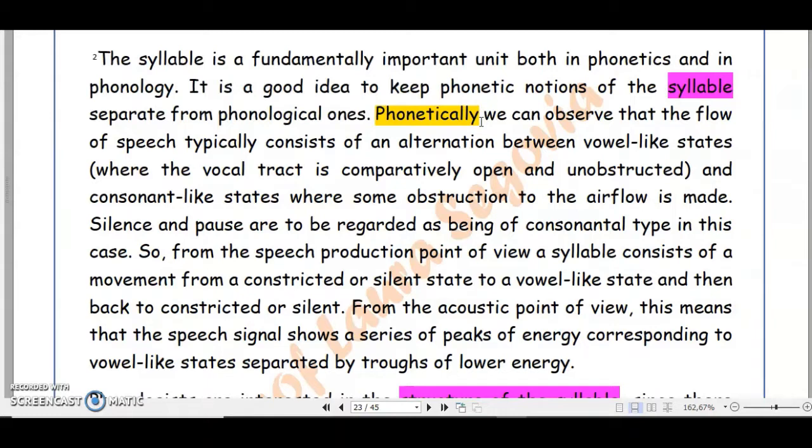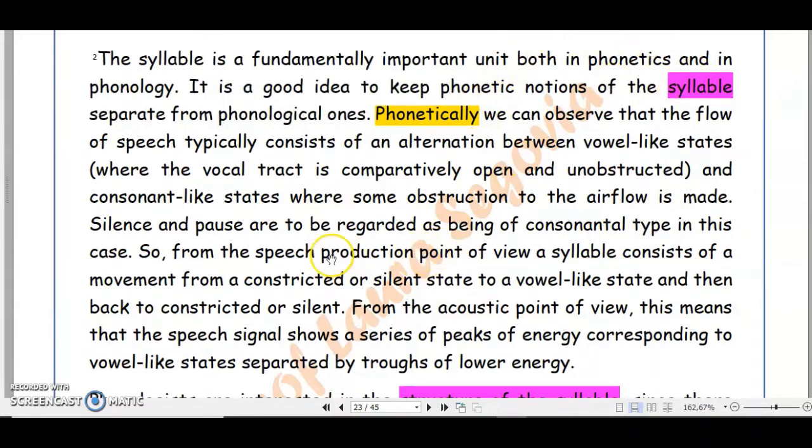The air goes out freely. So again, phonetically, in a syllable you can find a vowel-like state, that is no obstruction, airflow going out freely, and also you can find in a syllable a consonant-like state, that is obstruction to the airflow.